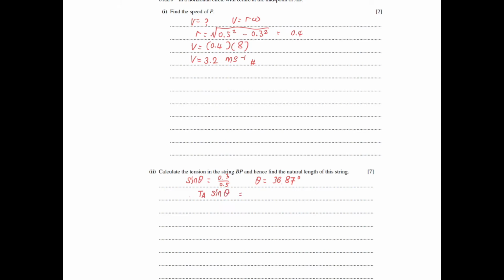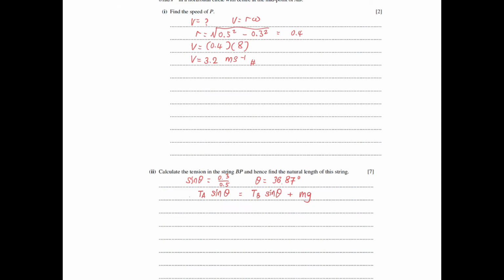The force that acts downward, there are two forces, which is TB sine theta plus mg. Now let's substitute values.